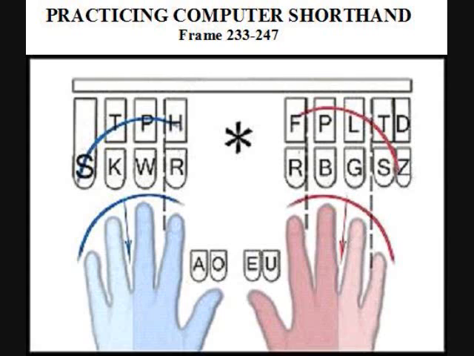Okay, frame 243. Might when it comes second in the phrase.